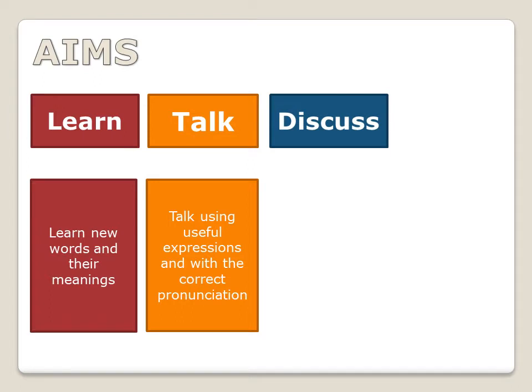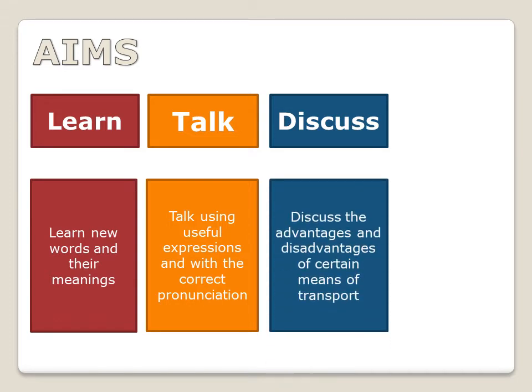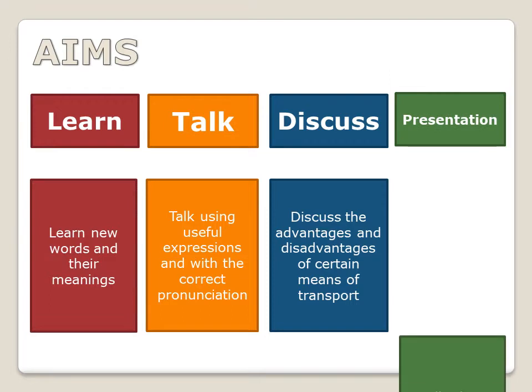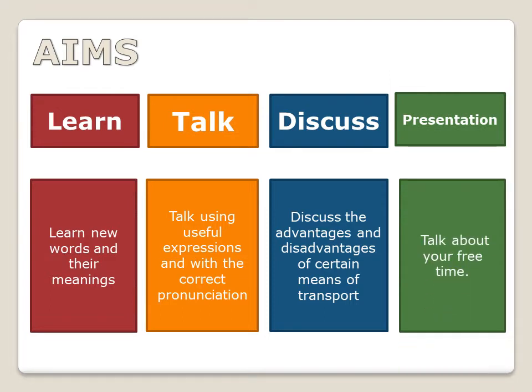Next, you will also be discussing the advantages and disadvantages of certain means of transport, as well as talking about things you can do while you are on a long journey. Finally, for fast learners or those who have completed the previous task, you will be sharing about your free time activity using the guidelines given in your textbook.